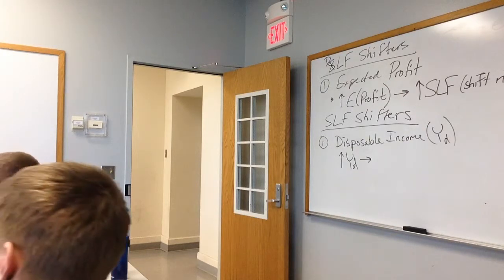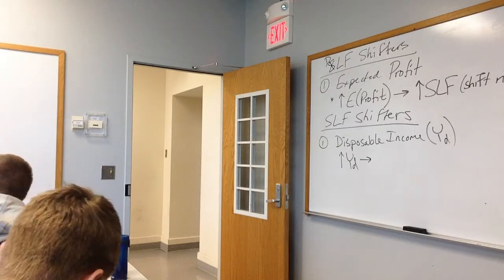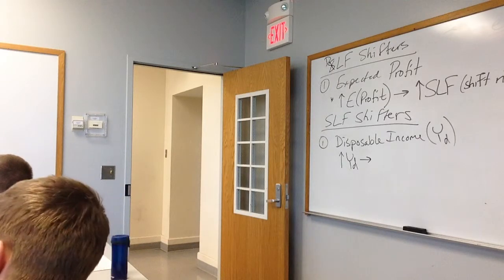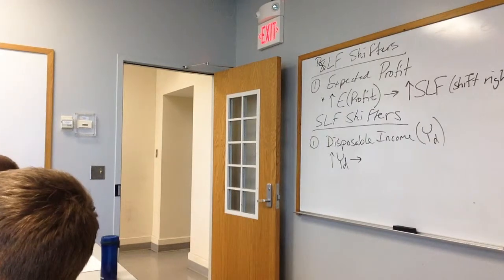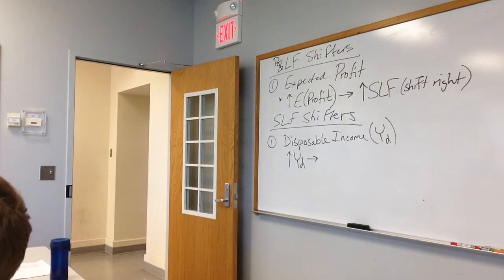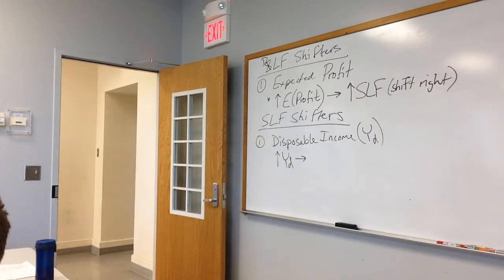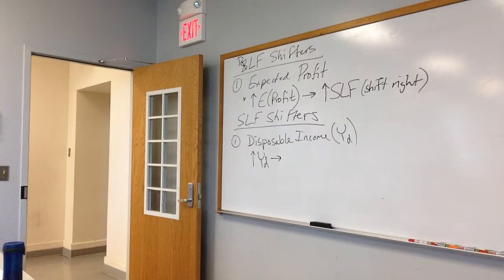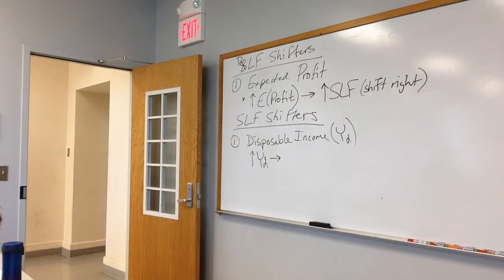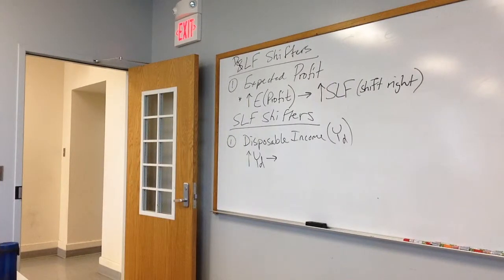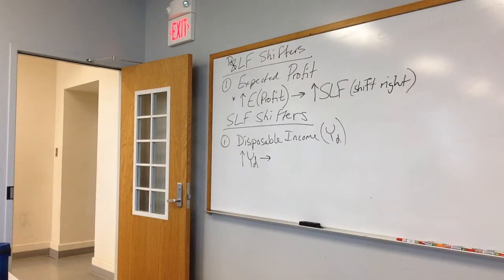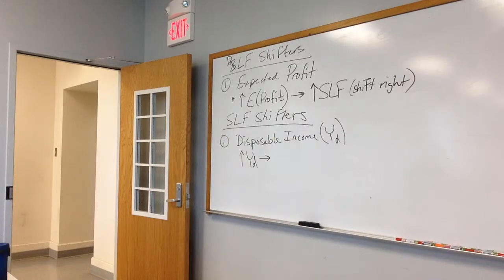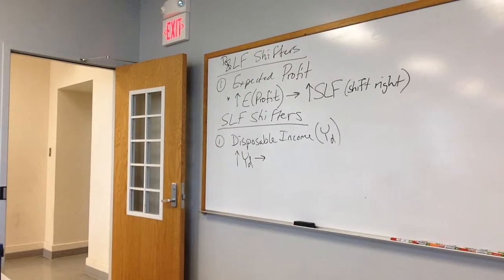So when I have more disposable income, I guess my question is, aren't I going to consume more? Don't Americans tend to just spend that extra money when they get more money in their paycheck? Yeah, they tend to do that too, right? But if you remember that equation, YD equals C plus S. So we're going to do more of both.